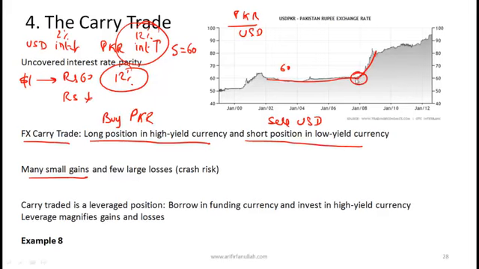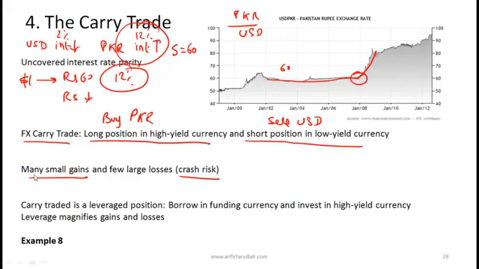So clearly this strategy would have resulted in significant losses, and these large losses are referred to as crash risk, because if, as happened over here, the rupee suddenly starts losing a lot of value, then clearly this FX carry trade will result in substantial losses. Those losses are referred to as crash risk.